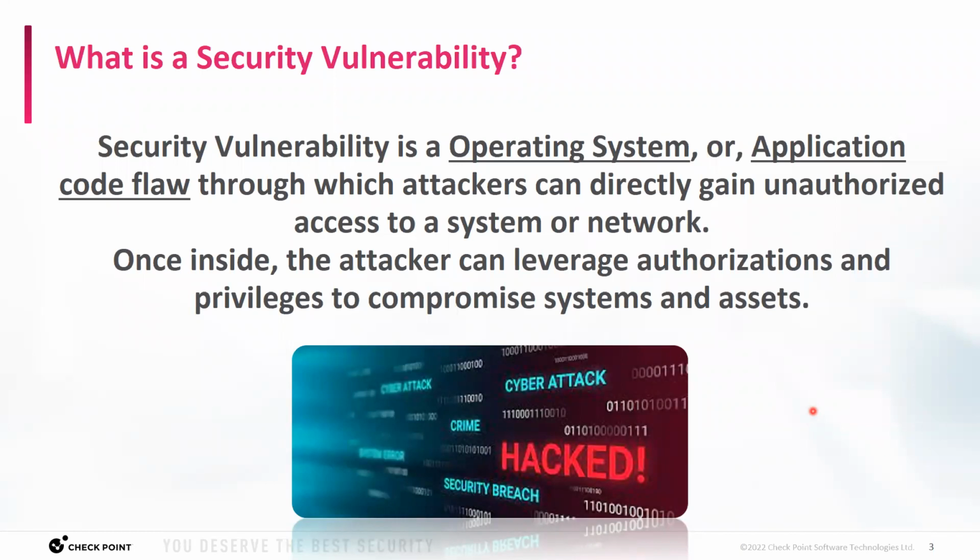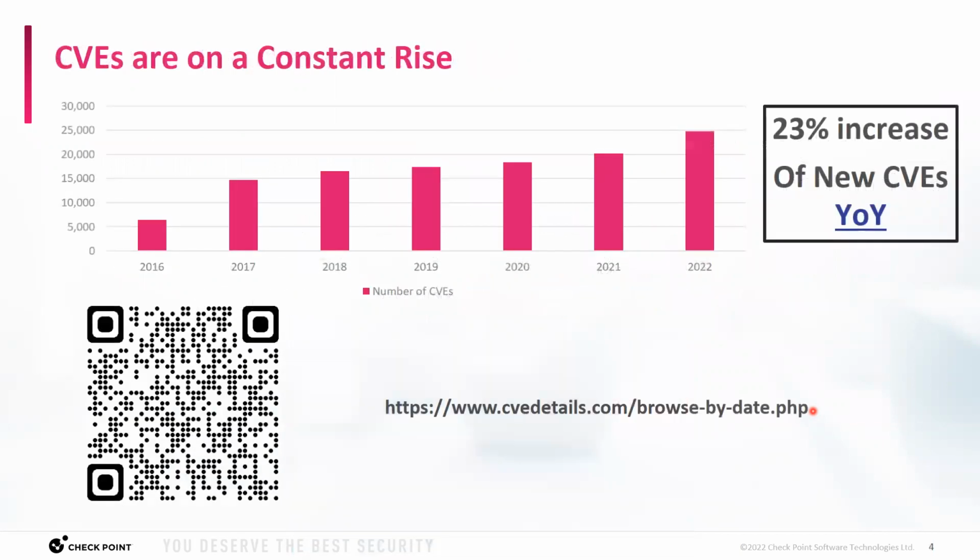Let's go and see more numbers. Can you look at these numbers? Please scan this barcode and go to the CVE details webpage, okay? You will discover that 20 years ago, the total number of vulnerabilities discovered in 1999, I think, was 800 something. Can you imagine the 2022 numbers?